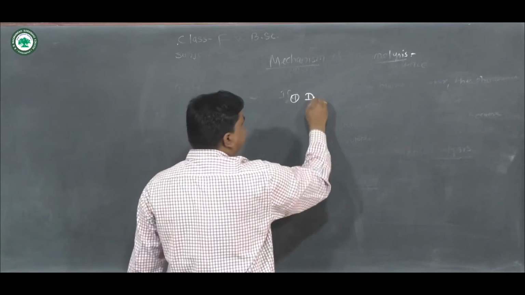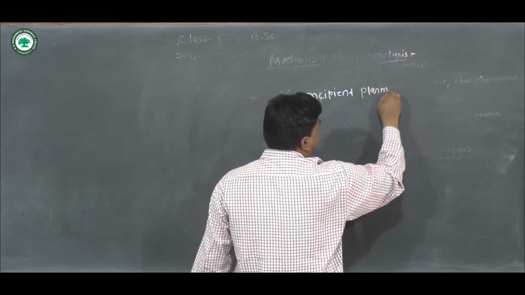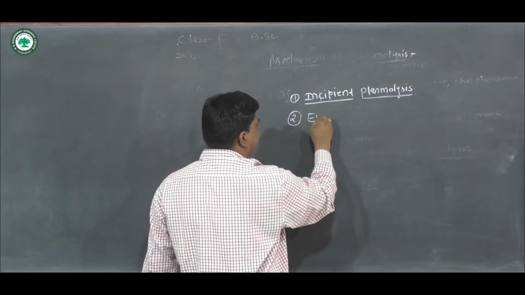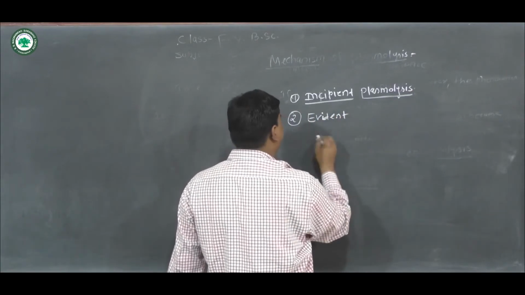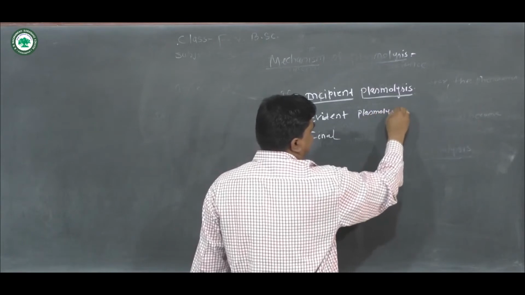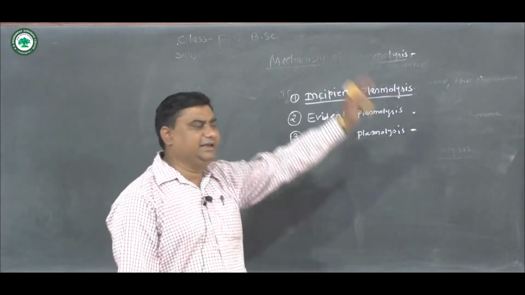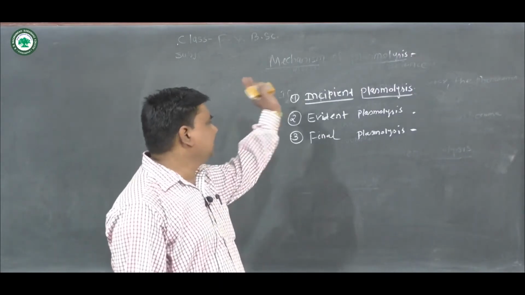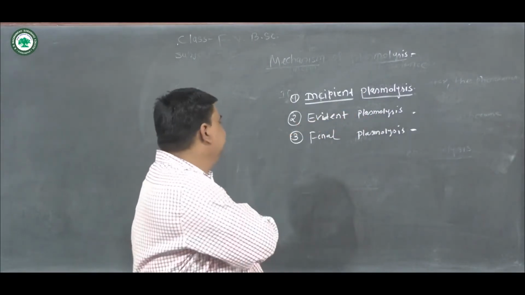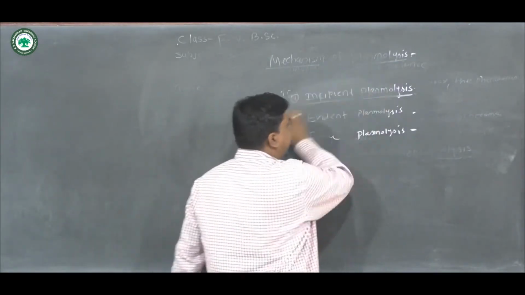The first one is incipient plasmolysis, the second one is evident plasmolysis, and the third one is final plasmolysis. We will see them one by one.